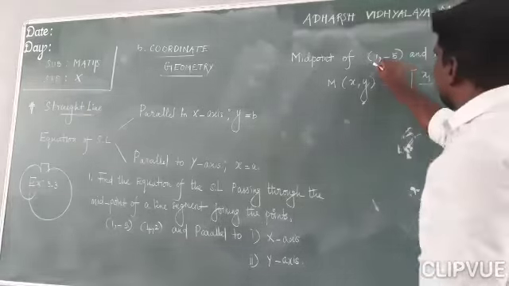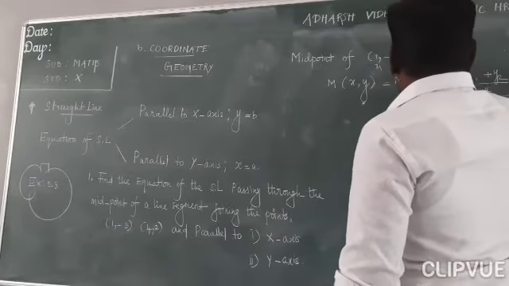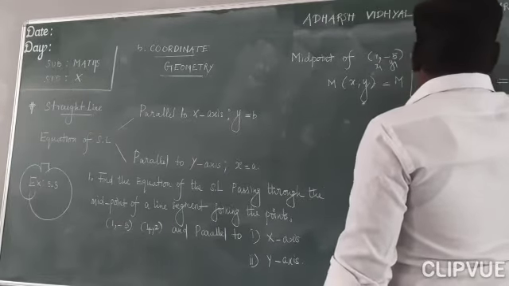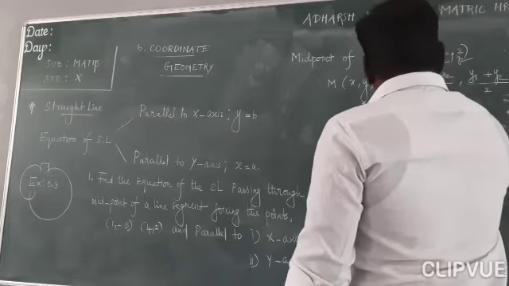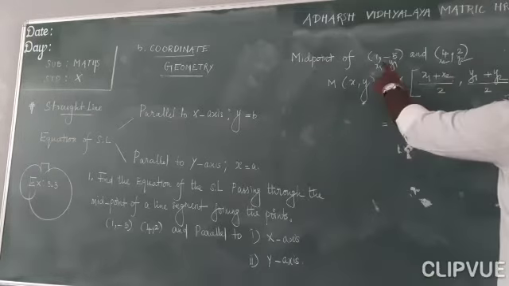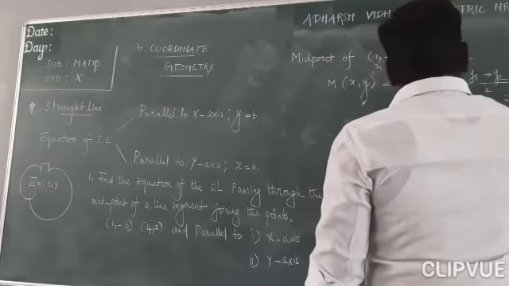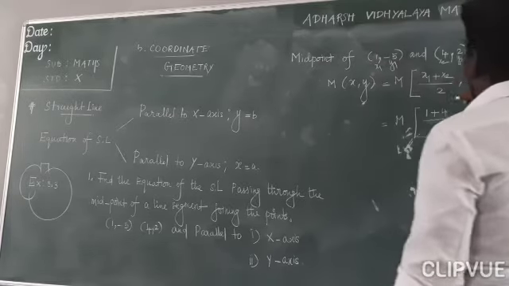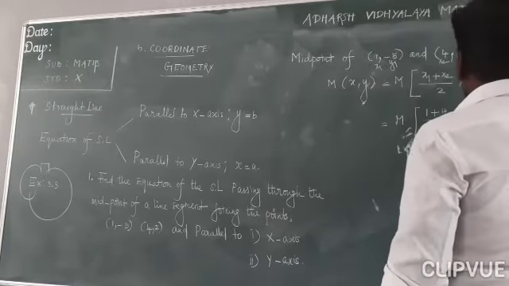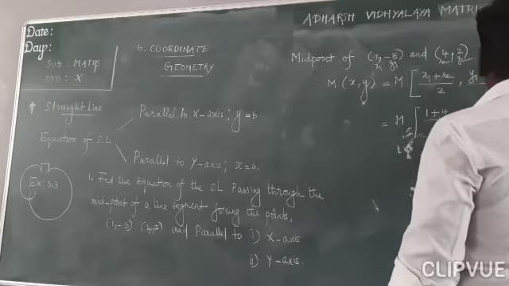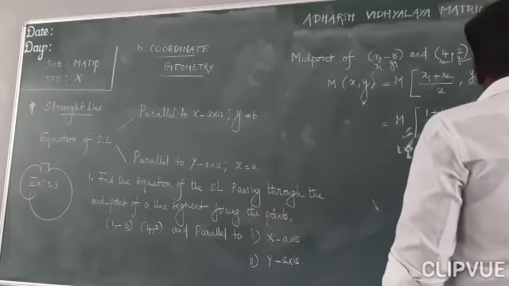This is x1, this is y1, and x2, y2. So M of x1 plus x2, 1 plus 4 by 2, comma y1 plus y2, that is y1 is minus 5 plus 2, divided by 2.